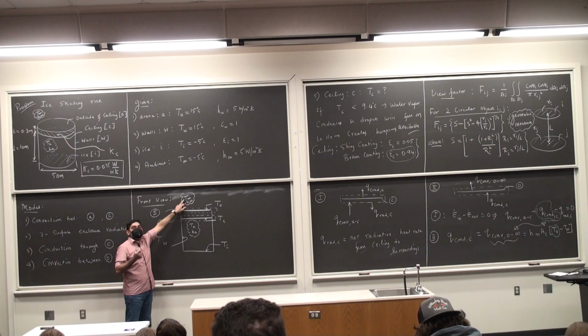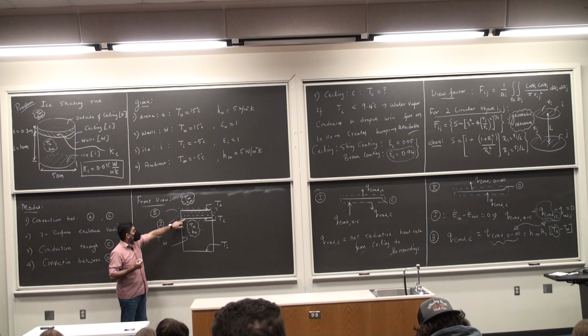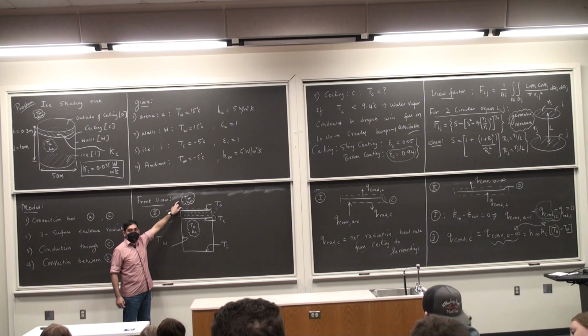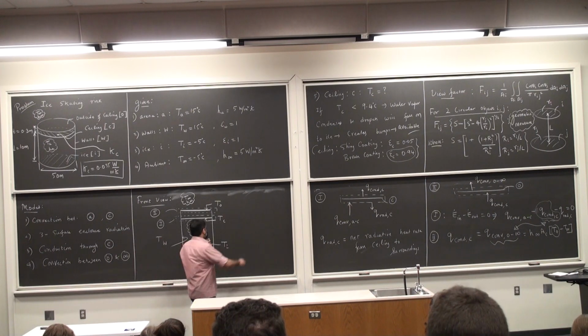So if I draw a thermal resistance network between the ceiling all the way to the ambient, this is the conduction and convection heat transfer thermal resistance network. This has nothing to do with radiation heat transfer. So if I draw that resistance network, I have the following.